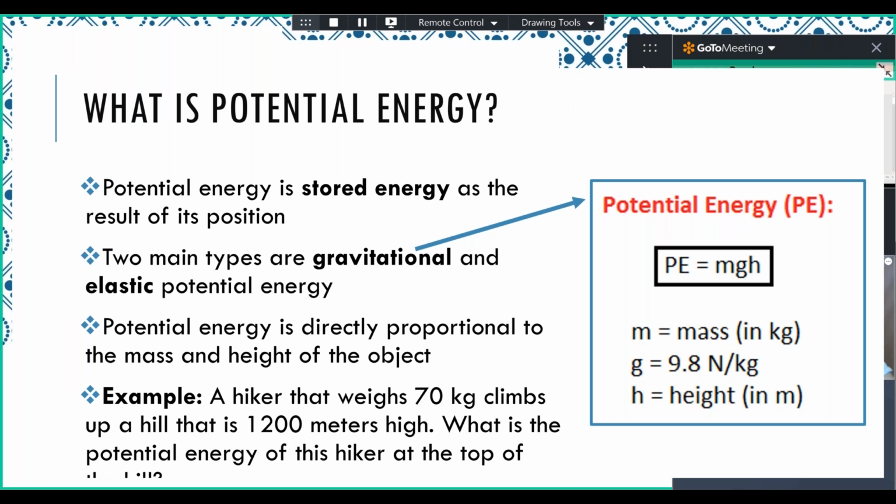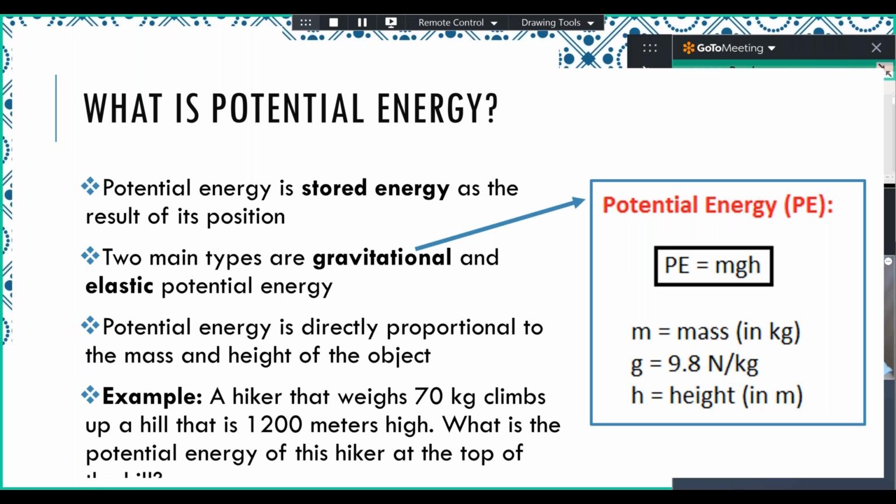So basically it's due to the height of the object. And elastic potential energy can be due to the tension in a spring or something like that. But we're not going to talk about elastic potential energy today. We're just going to focus on gravitational potential energy.